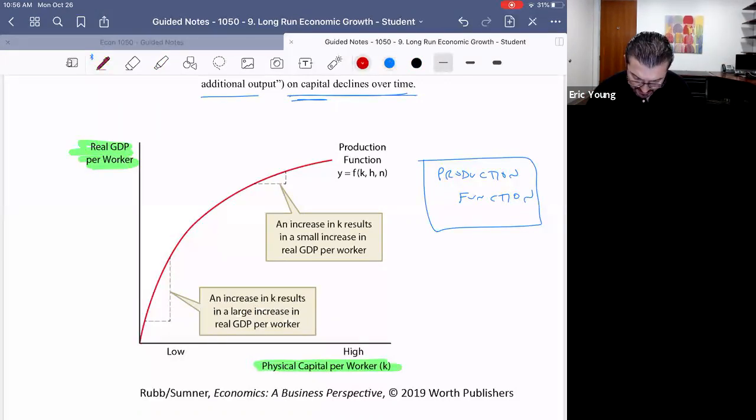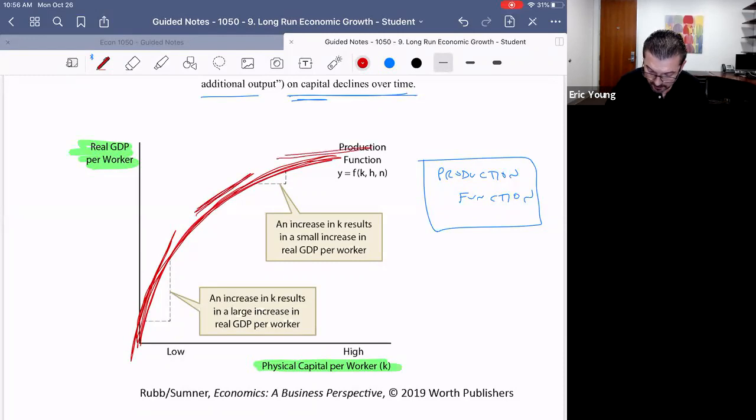And you can see, and I'll do it in red like he did, you can see that you have this shape. Notice that at the very beginning, in this segment right here, the production function is very steep. But as we go farther along and farther along, the slope gets flatter and flatter.